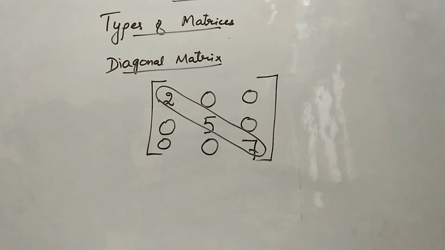And the other two matrices are very, very important. What are they? Null matrix and unit or identity matrix.